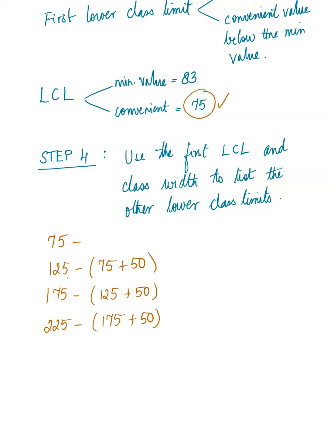The next one should be the 5th one, because I know 225 plus 50 will be 275. So we get that by adding the class width to it. I'm just going to remove that so that you can see that this is your list of lower class limits.